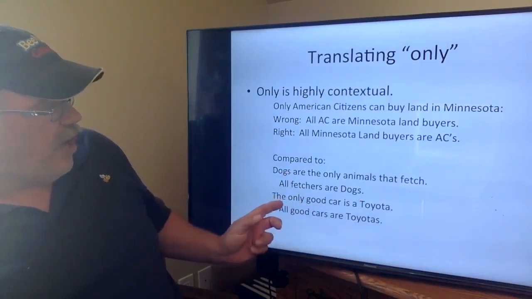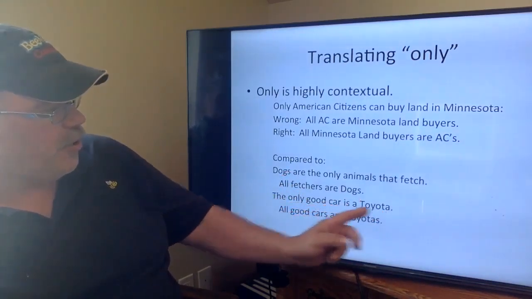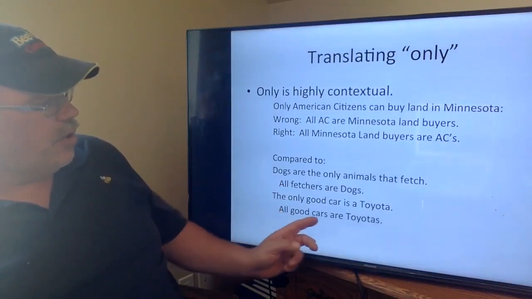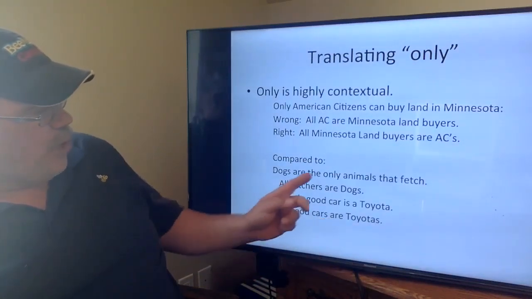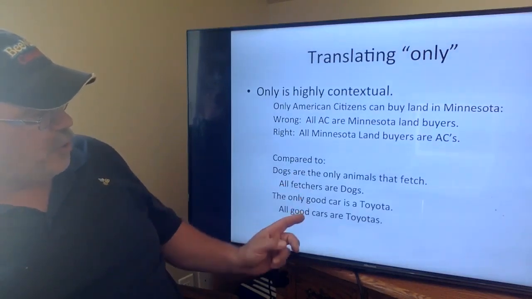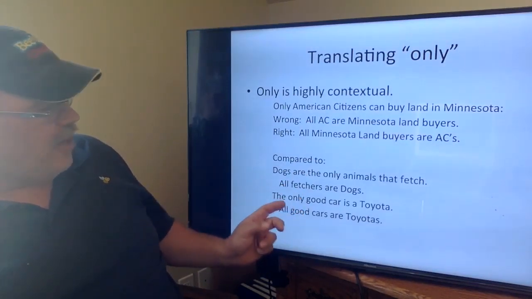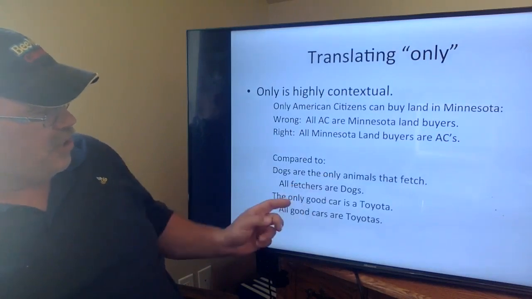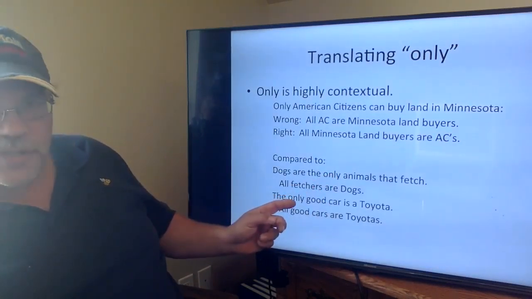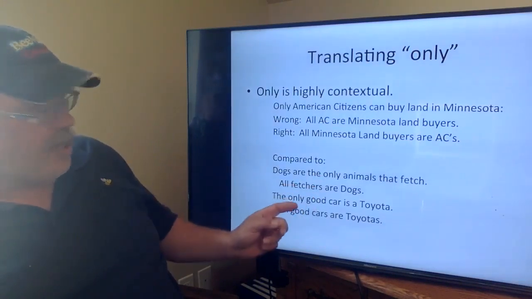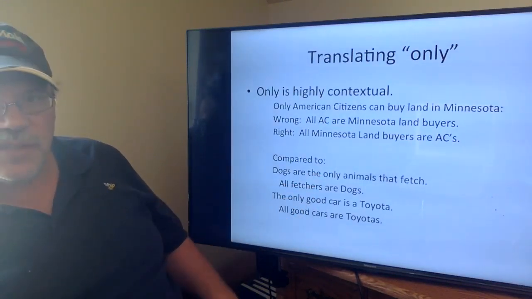When we have "the only good car is a Toyota," that's all good cars are Toyotas. Notice the second one reverses and the first one does not. That's mainly because this "only" business, whether it's in the middle of the statement or at the front, can affect the intended meaning of the sentence.